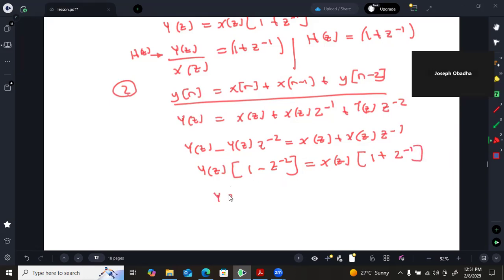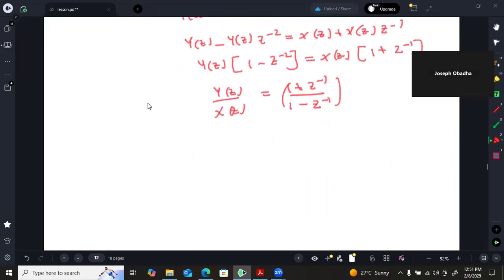Then I have y of z by x of z equal to 1 plus z minus 1 over 1 minus z minus 2. And this gives me h of z equal to 1 plus z minus 1 over 1 minus z minus 2.